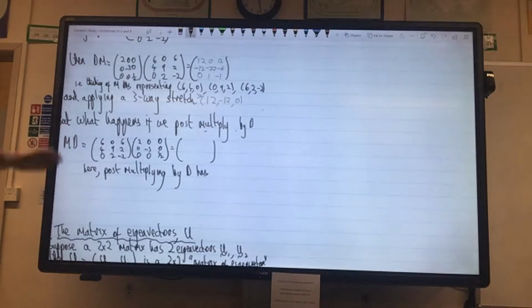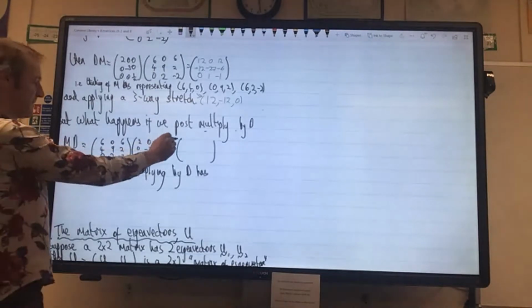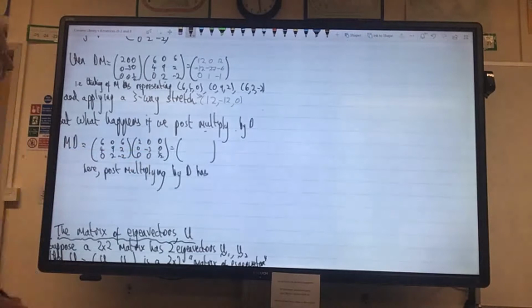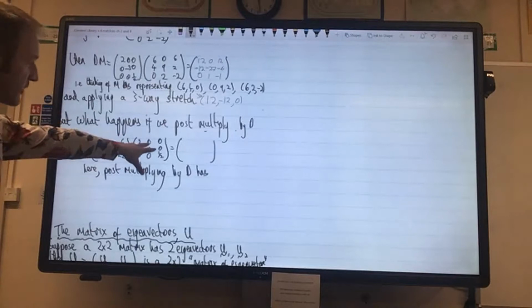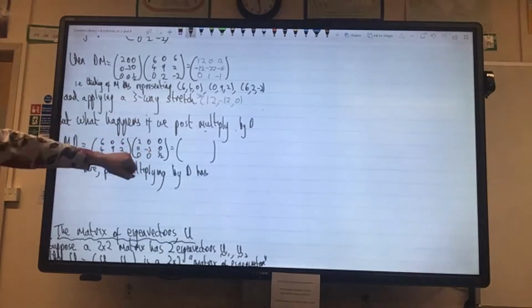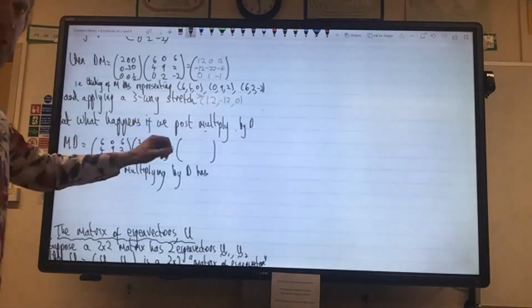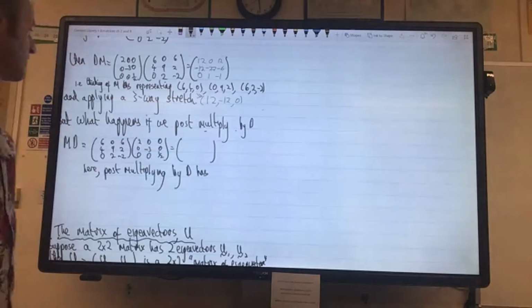But okay, well, just multiply. So, I'm sorry, what was your question again? Well, the question I want to know is what effect post-multiplying that matrix M by the diagonal matrix has. But if you can't see it straight off, all I want you to be able to do is multiply them. So Robert, what do you get when you multiply those two matrices?